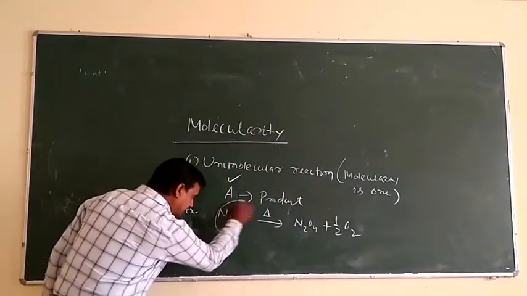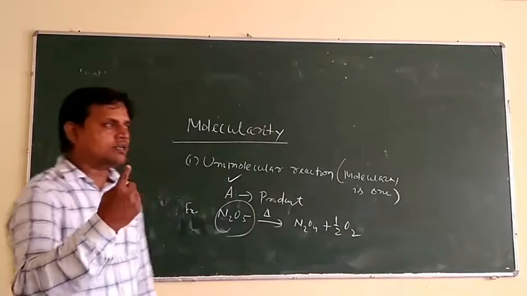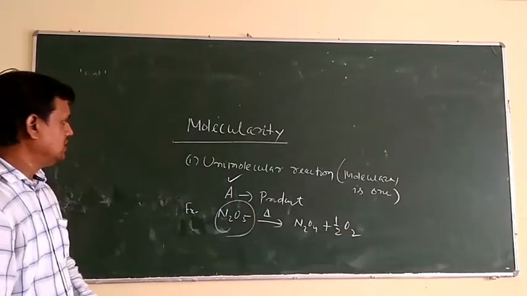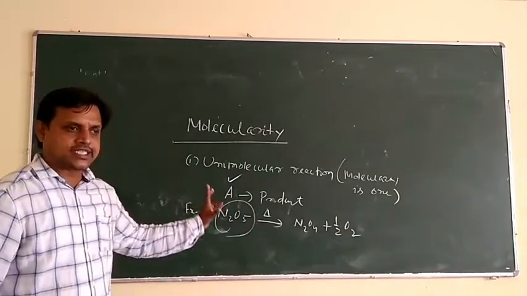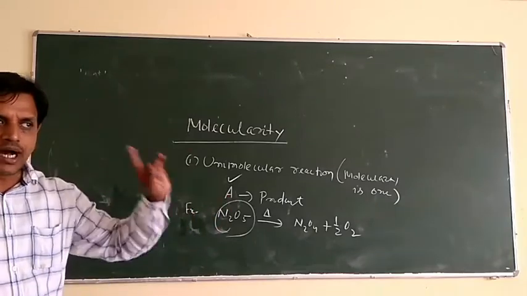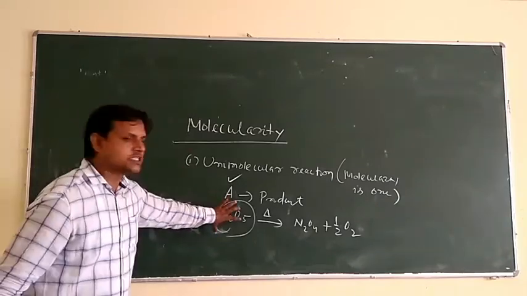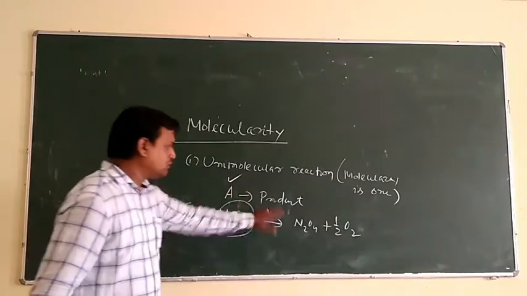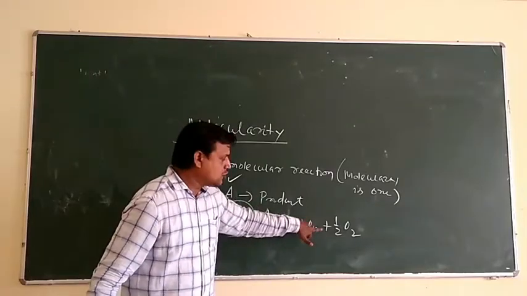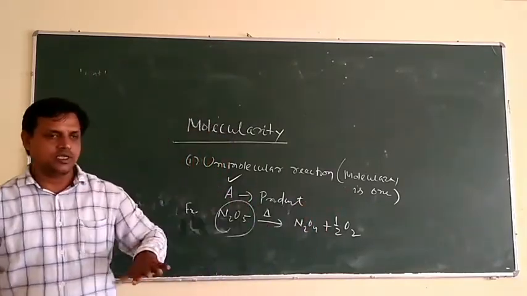Since the reactant side we have taken is one molecule of N2O5, the molecularity of the reaction is 1, because one molecule of nitrogen pentoxide on heating produces one molecule of N2O4 and half molecule of O2.